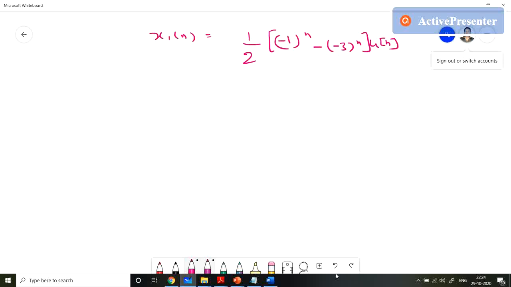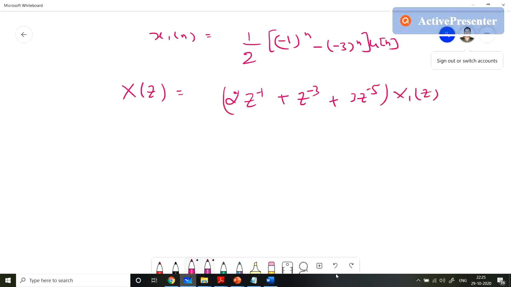Now what is X(z)? Please see that X(z) is basically 2z^-1 plus z^-3 plus 3z^-4 multiplied by X1(z).